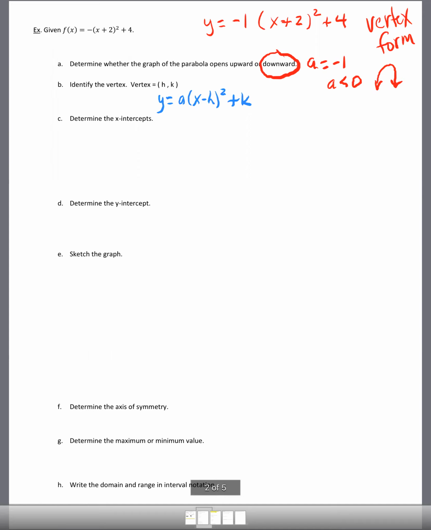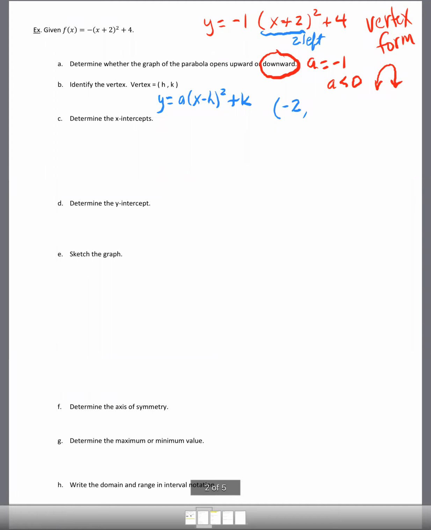And so if we kind of look at how things are working up here, we've trained ourselves already for transformations that says if inside the parentheses of the parent function you see +2, then what that tells us actually is this was 2 to the left. And so if you go and move a point 2 to the left, you know that you're going to have a -2 as your x component.